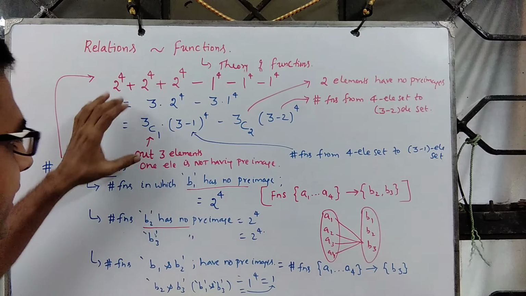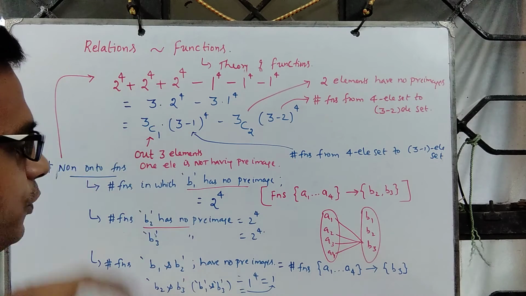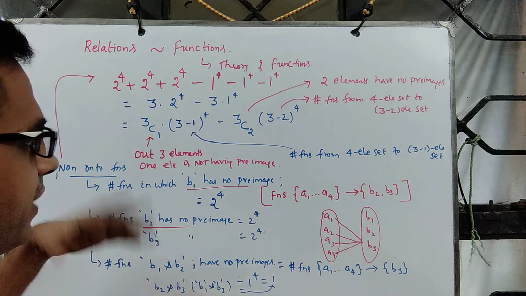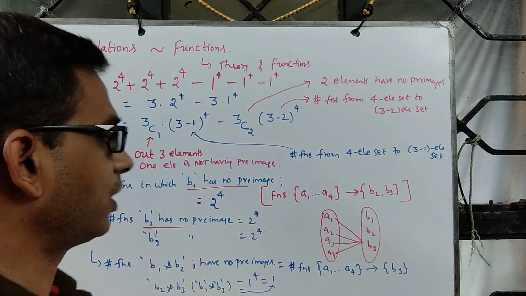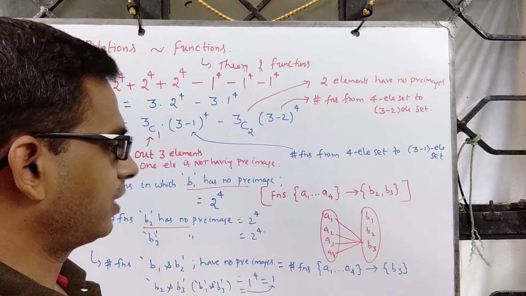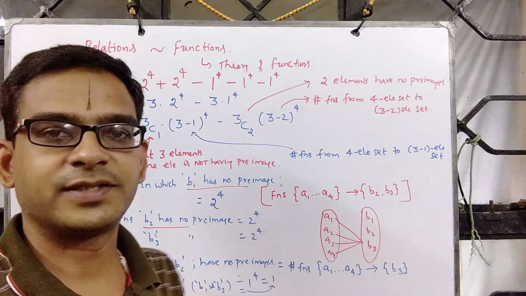Now we have counted the number of non-onto functions. Now with this one can count the number of onto functions. That's straightforward, which we shall see next.